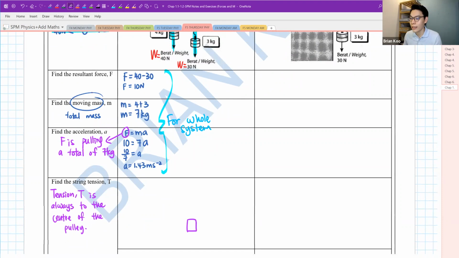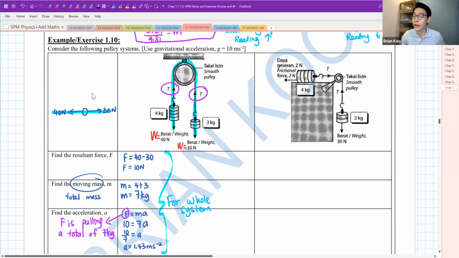If you have a weight like this, 3 kg, the weight is pulling it down. Something has to balance the weight, right? And if you are pulling it using a string, we call that the tension, instead of normal reaction. So it's always in the opposite direction. Or you can just remember it as tension always pointing to the center of the pulley. The center is here. We don't say the tension is going down. Nope, the tension is pointing to that round circle. Tension is to the center.